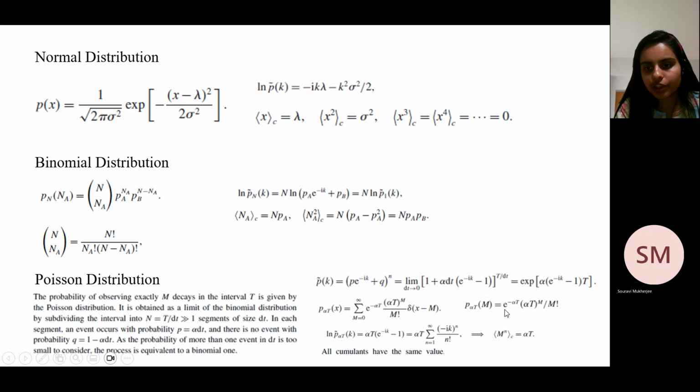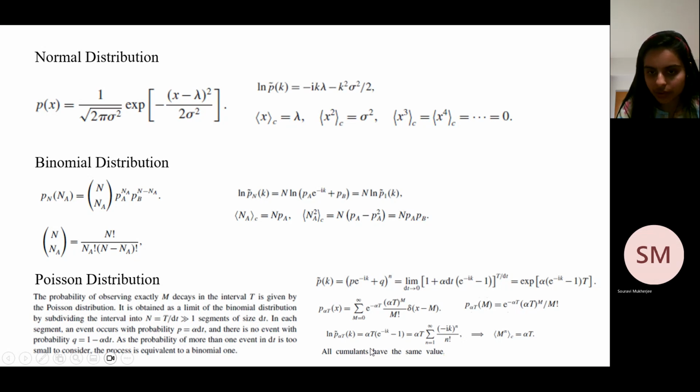Similarly, you can do an inverse Fourier transform to get a probability distribution function in terms of x. This expression tells you the probability that m decays happen in some interval t. This is how the probability density function looks.